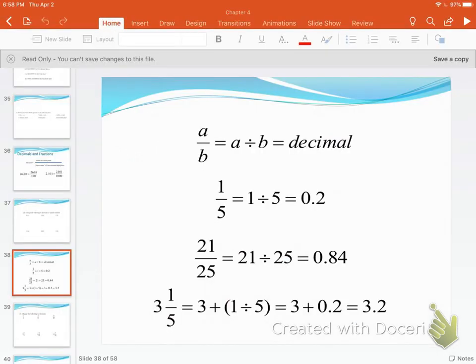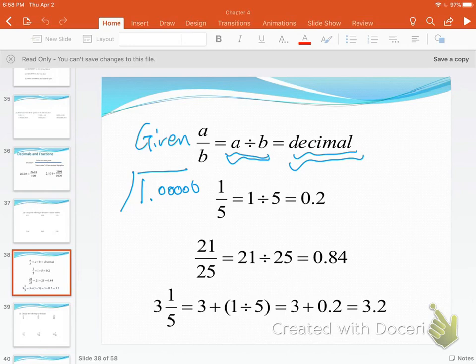Okay, so now if you are given a fraction, a over b, how can you get a decimal answer? How can you change a fraction to a decimal? You use a division, the division which has decimal answers. So let's look at 1 divided by 5. Where's the decimal point? 1 is 1.00000. We add 5 zeros.